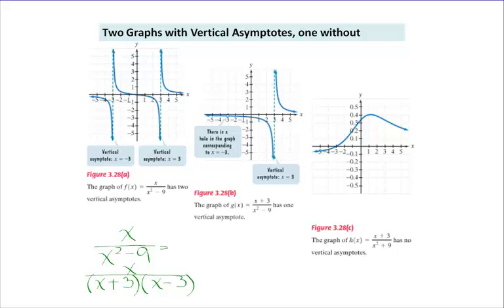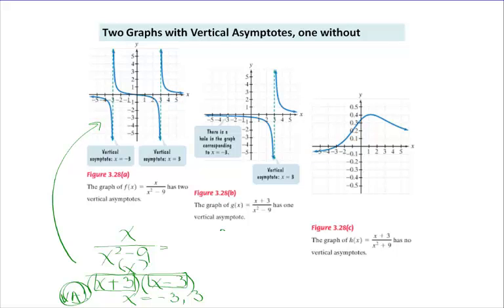This function is going to have a vertical asymptote at x equal -3 and at x equal 3. And I know it's going to be a vertical asymptote as opposed to a hole because neither one of those linear factors from the denominator is repeated in the numerator. So I will have vertical asymptotes, and we can see that evidenced on the graph.